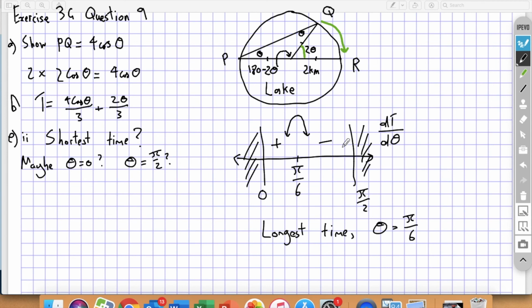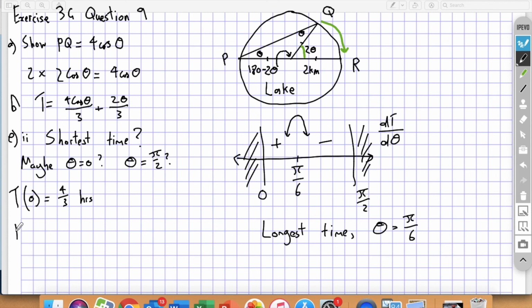Okay. So if we make it 0, what would happen here? We'd have 4/3, right? What would the time be if theta is 0? Well, cos of 0 is 1, so we have 4/3. These are in hours, okay? And this would all just equal 0, okay?